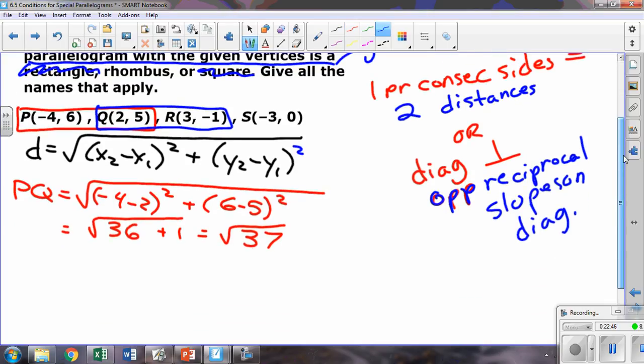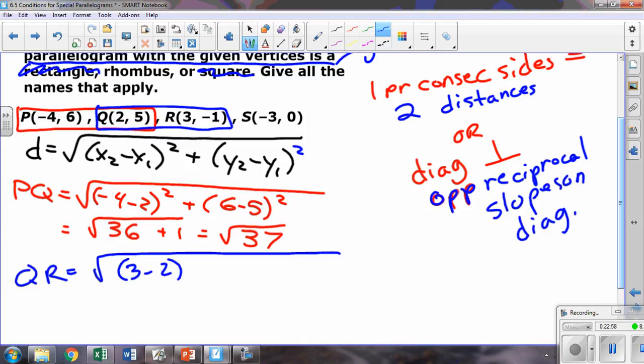Checking the same thing now for QR. We'd have 3 subtract 2 and -1 subtract 5. Right, so that's 3 minus 2 equals 1. 1 squared is 1. -1 subtract 5 would equal -6.